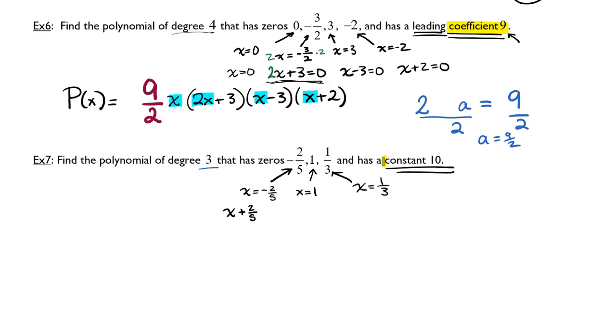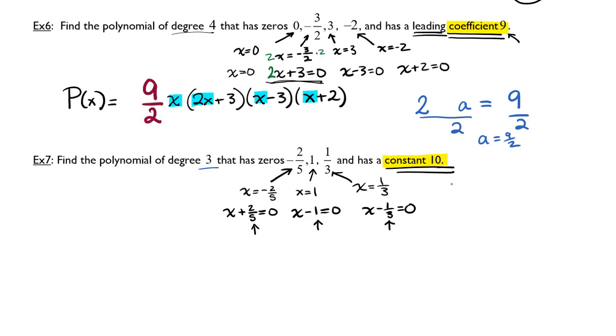I need my constant term to be 10. That's the last term in the polynomial. So that means that whenever I multiply all the constants to each other, I should get 10. So I might have to change something.